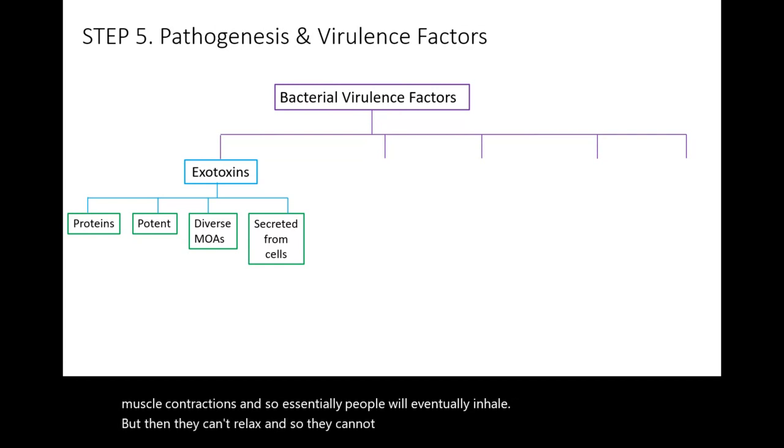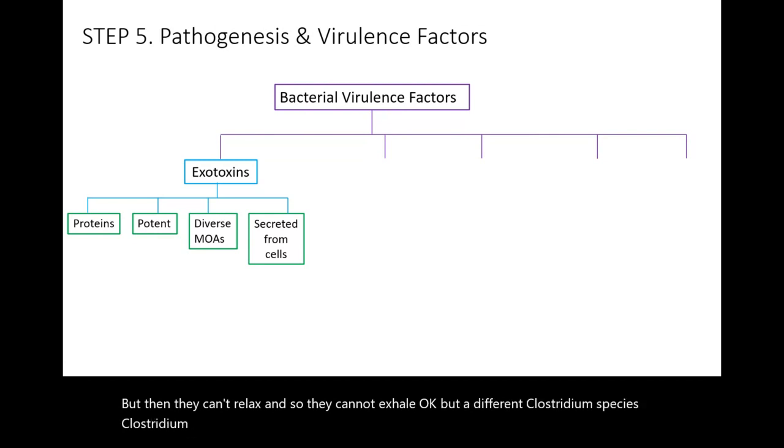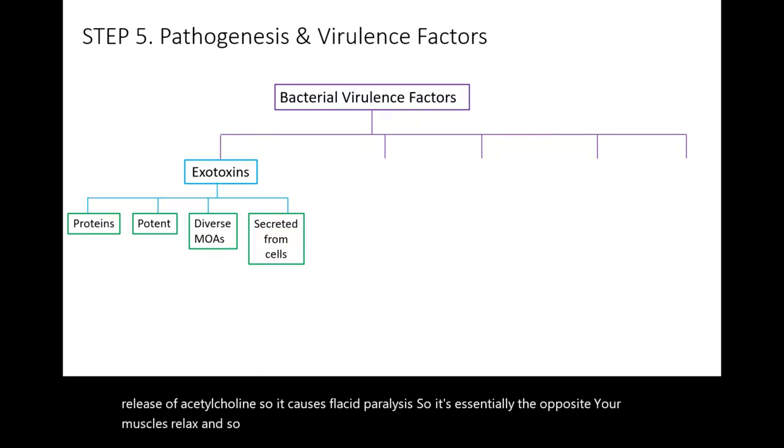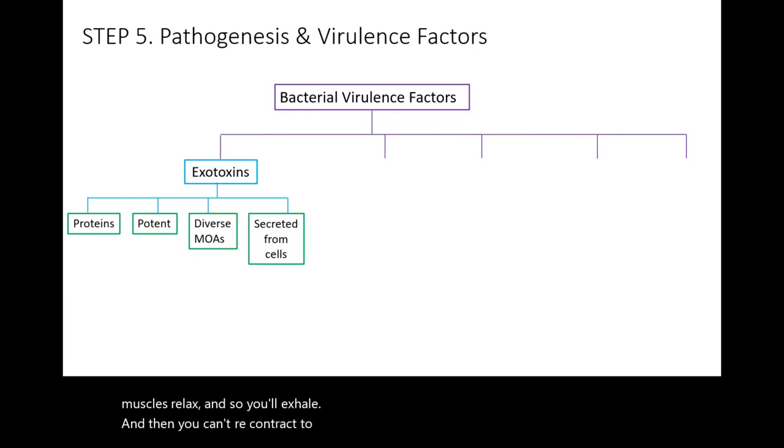Okay, but a different Clostridium species, Clostridium botulinum, which causes botulism, is also a neurotoxin, but it actually blocks the release of acetylcholine, so it causes flaccid paralysis. So it's essentially the opposite. Your muscles relax, and so you'll exhale, and then you can't recontract to inhale. Okay, so both result in death normally, in pretty horrible ways.